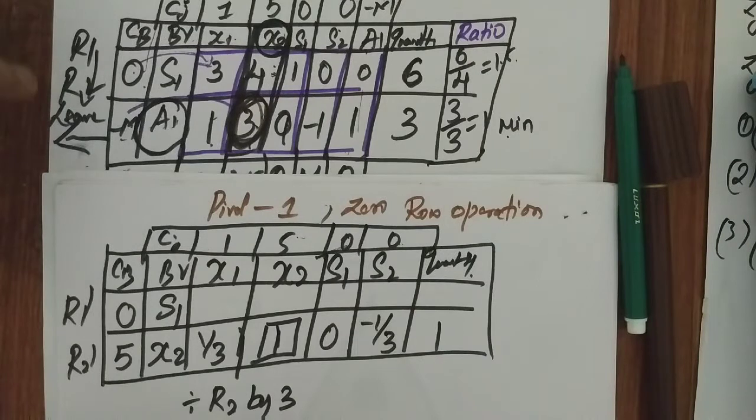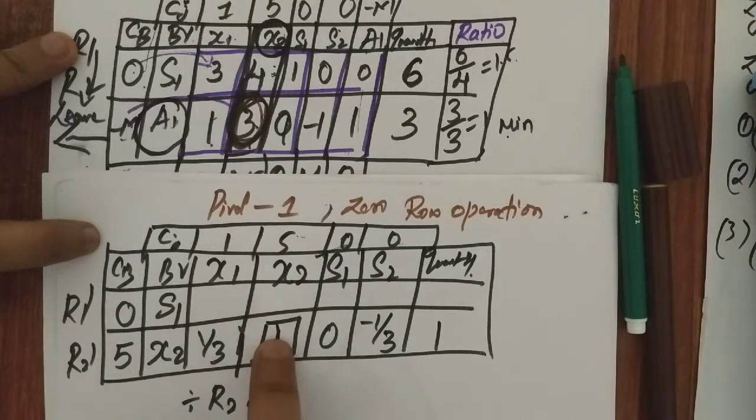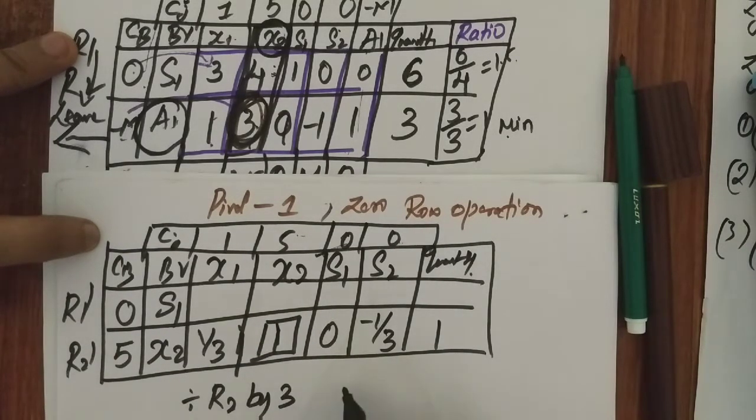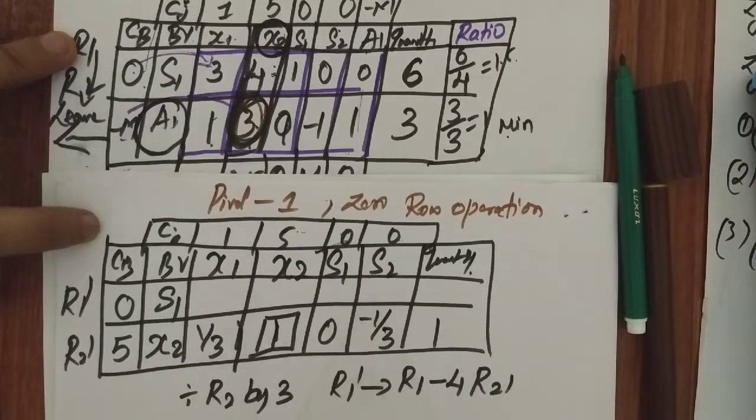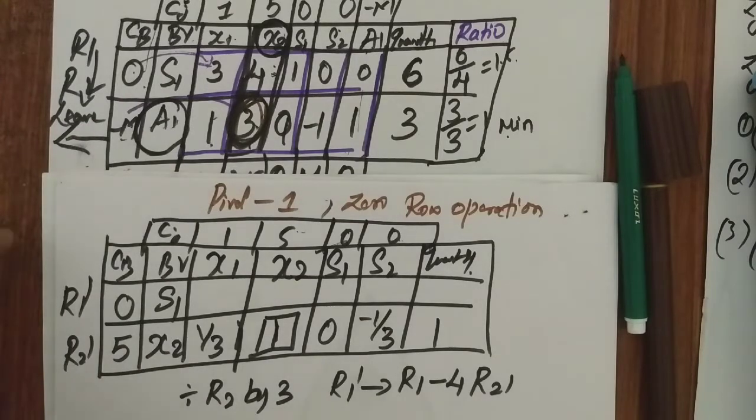You have to take the row operation between R1 and R2 dash, so that above the pivotal it is 0. R1 dash can be written as R1 minus 4 R2 dash.